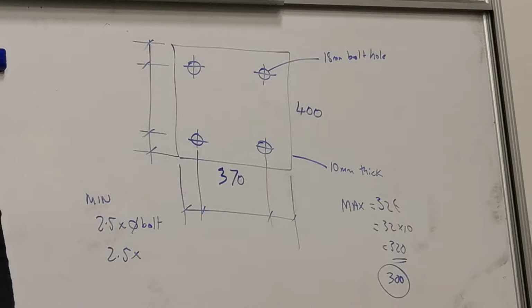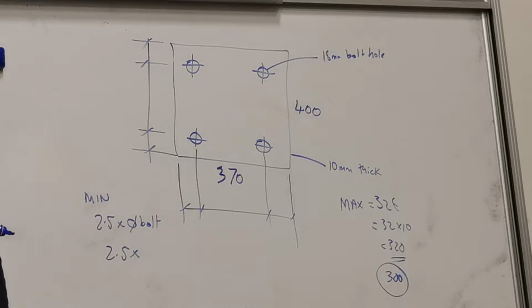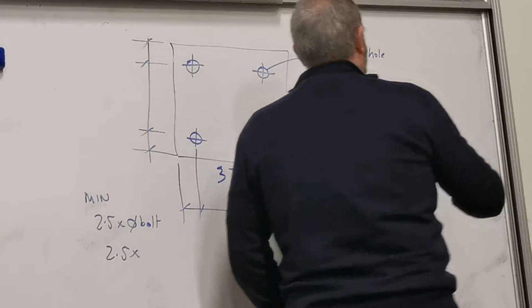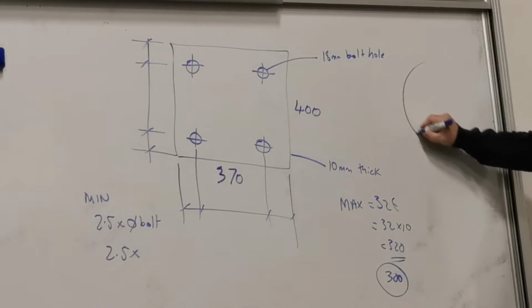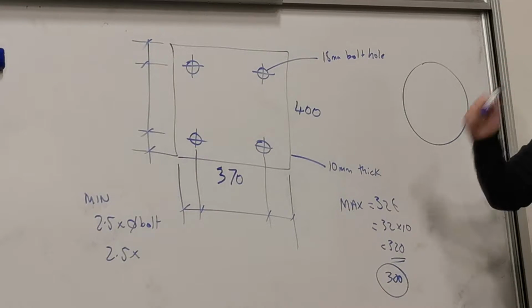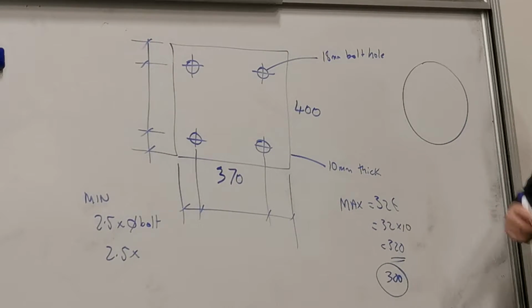So what's the diameter of the bolt? Is the diameter of the bolt the same as the diameter of the bolt hole? 18 is not right. 16, yeah. With a bolt in steel, this isn't wood. With wood, we drill a hole and we put the same size bolt through. If it's a little bit not working, we just hammer it through and then we screw it on.